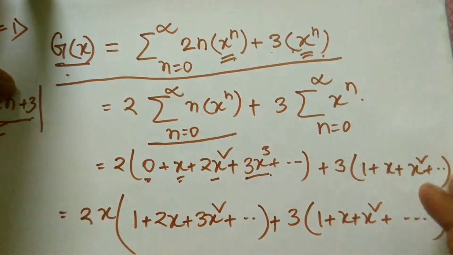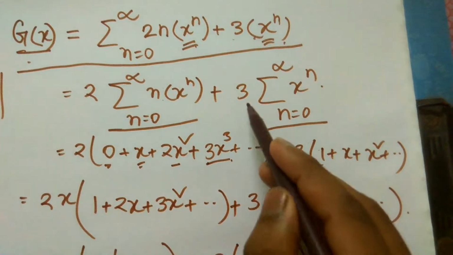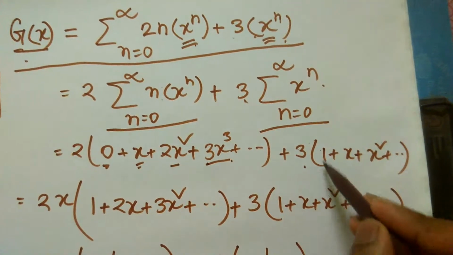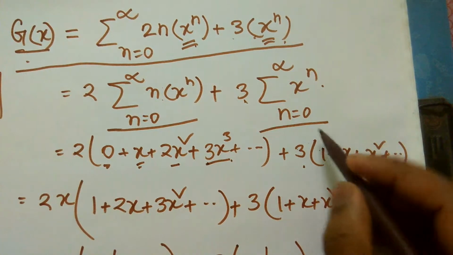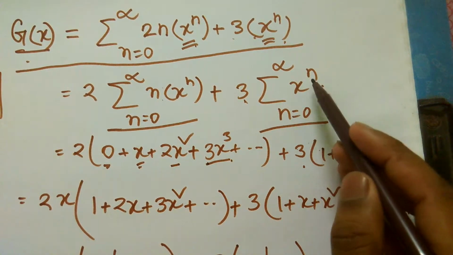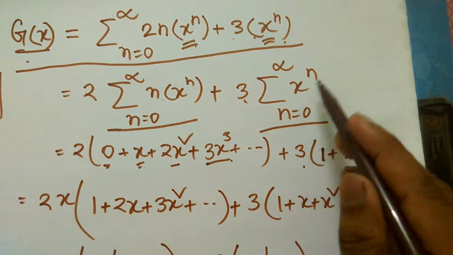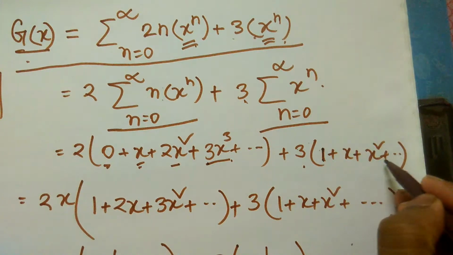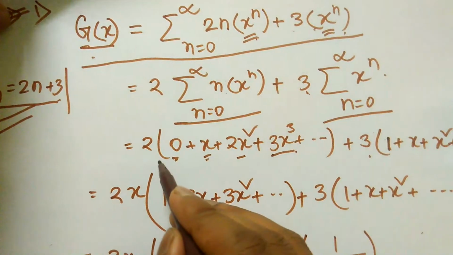Okay, and from this thing we will get 3 into, when the value of n is 0, it is 1. x to the power 0 is 1. After that, x to the power 1, x, plus x square, like this. So we will get this thing.